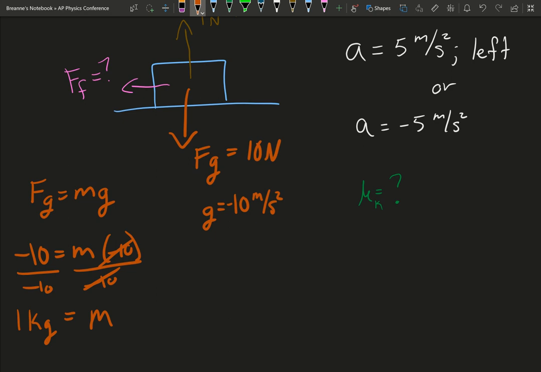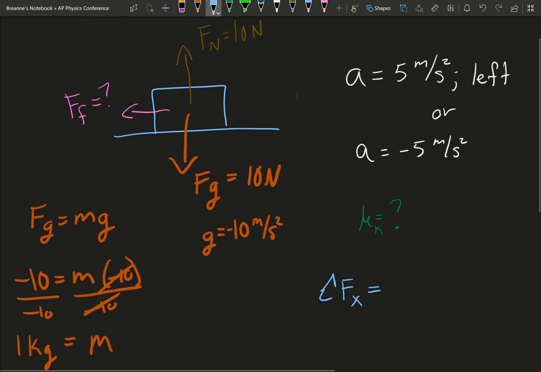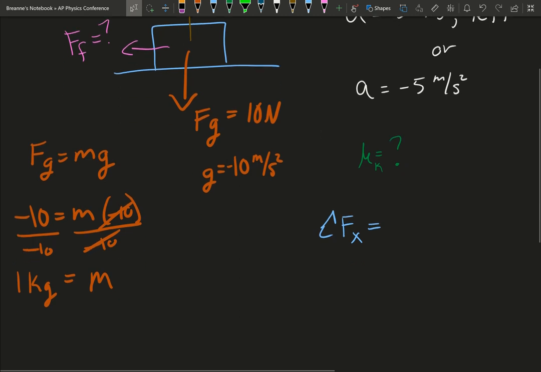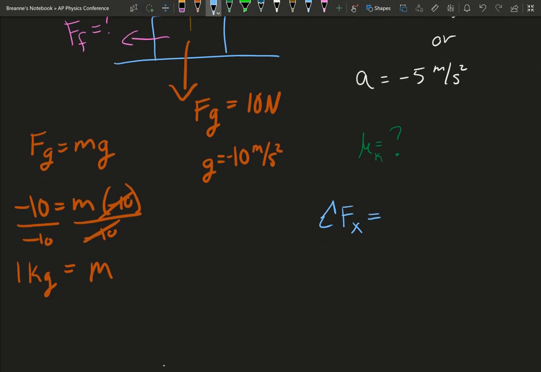We have mass, we have acceleration, so we can figure out the net force in the x direction. Do we need to worry about the net force in the y direction? It's balanced, it's zero. What we need is the x direction, so we don't have to worry about the y direction. We know that the sum of the forces is just mass times acceleration.